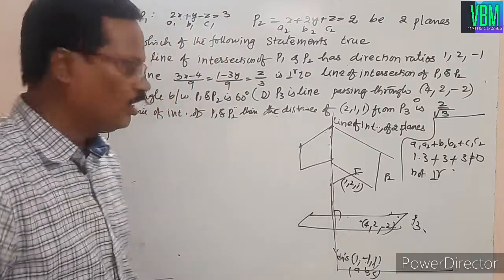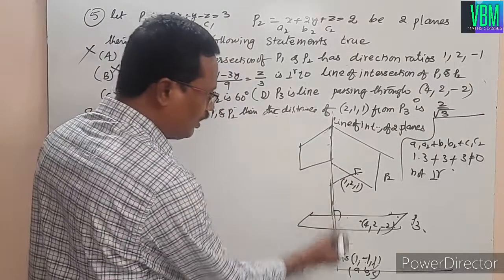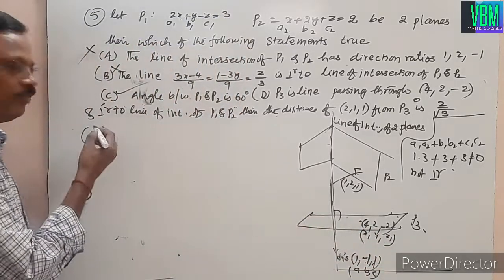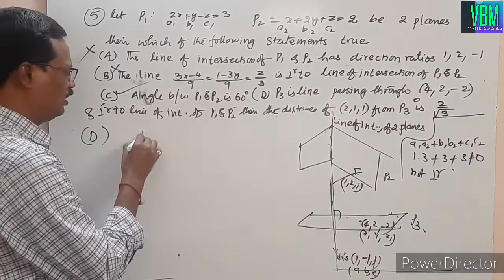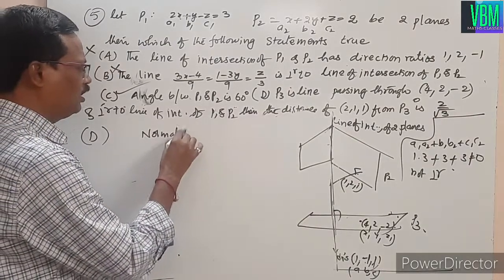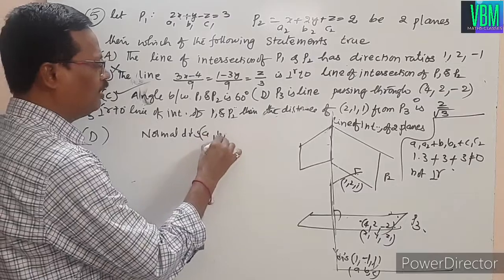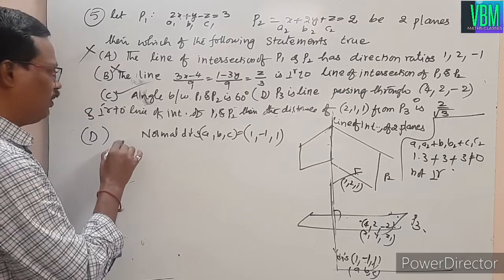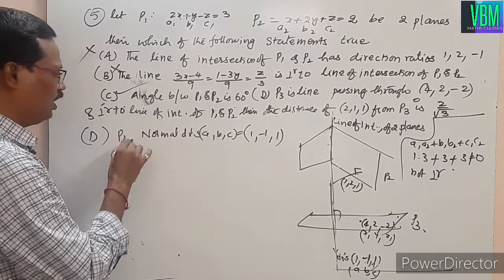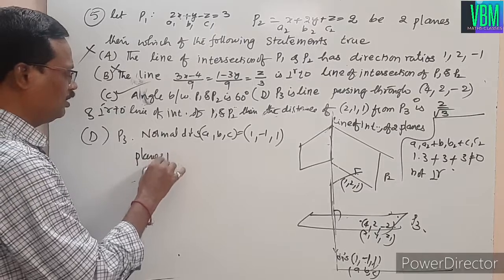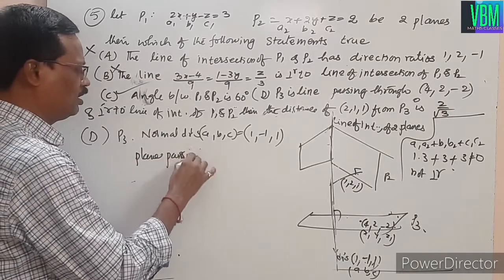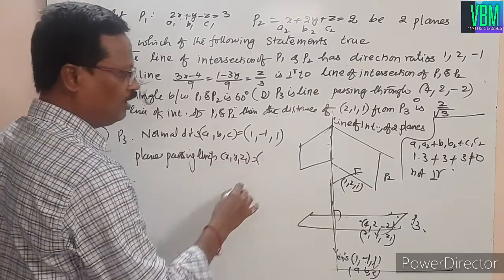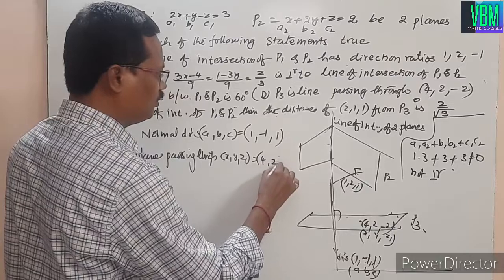Now we know the normal DRs, and the plane passes through x1, y1, z1. What is the formula? Normal DRs A, B, C are 1, minus 1, 1, and the plane passes through the point 4, 2, minus 2.